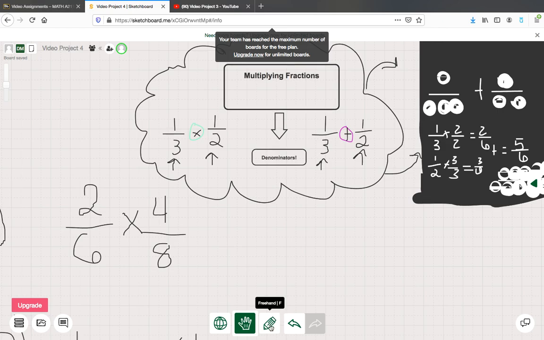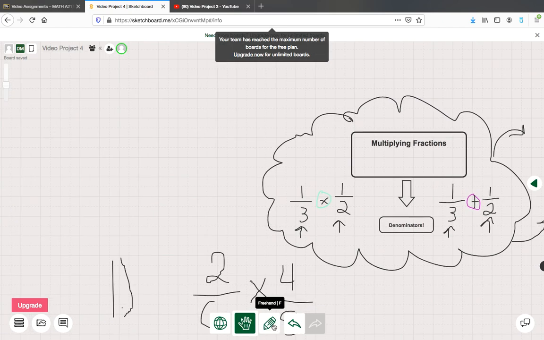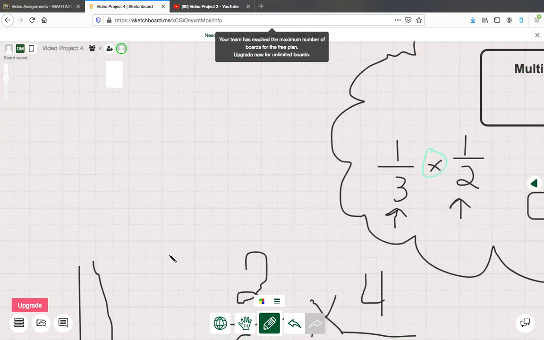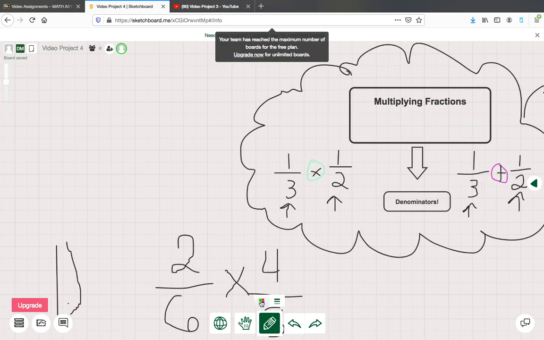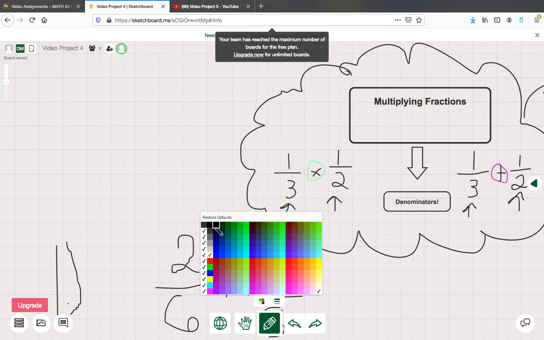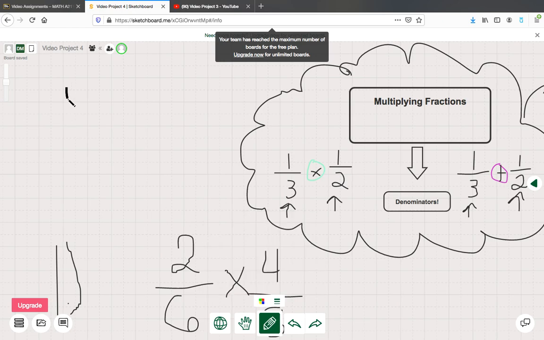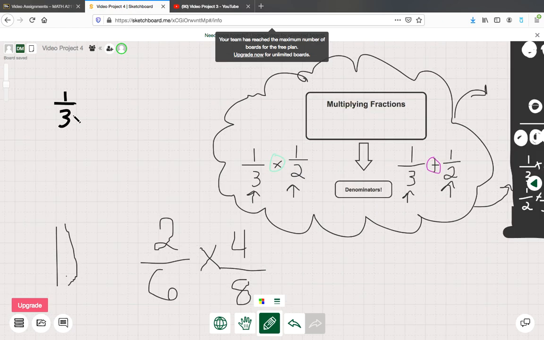We can illustrate this by 1. That's a big line. I didn't mean to do that. Let's do black. So 1, that's still a big line. 1/3 times 1/2.